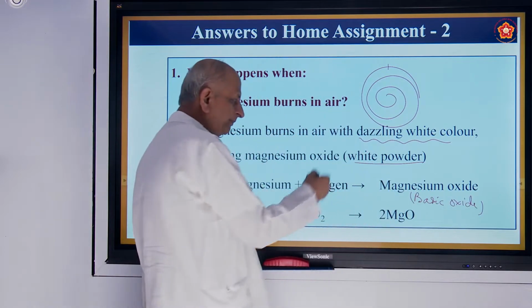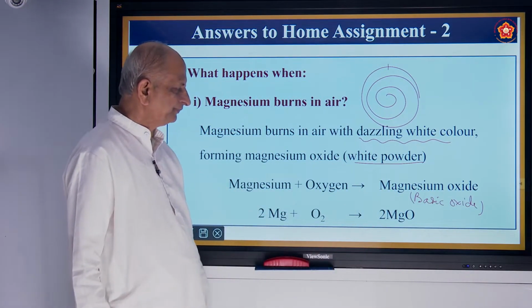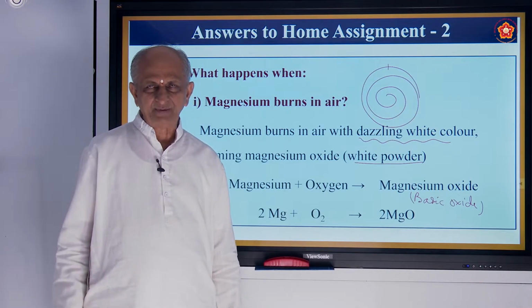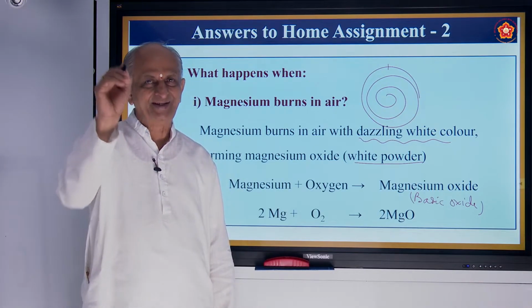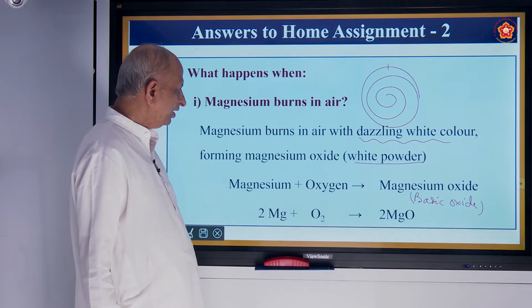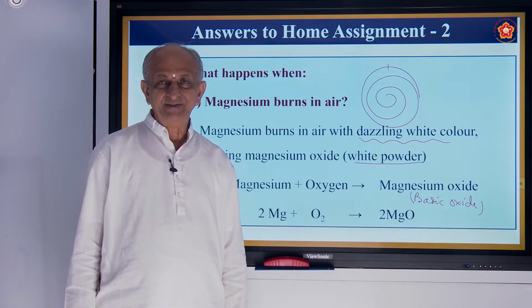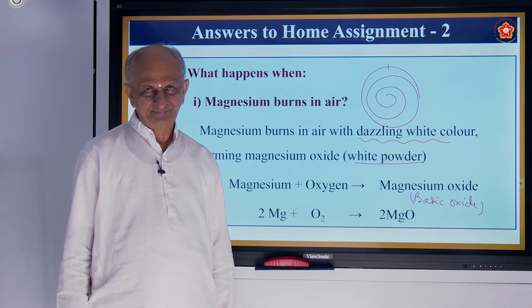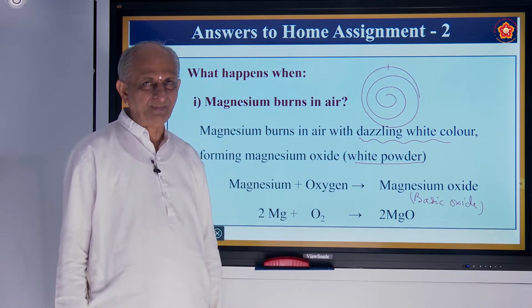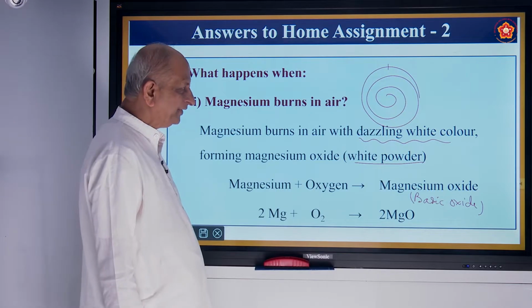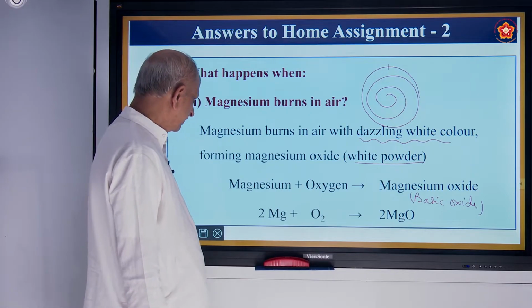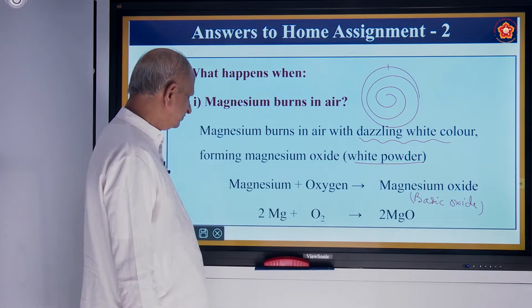So, also most of the metals react with oxygen, forming respective oxides, and all the oxides of metals are called basic oxides, except aluminum. Aluminum oxide is called amphoteric oxide. Okay, so this is the answer for the first question.